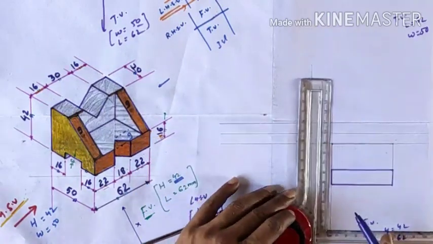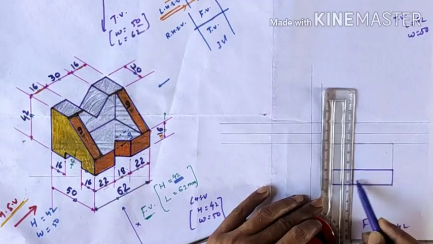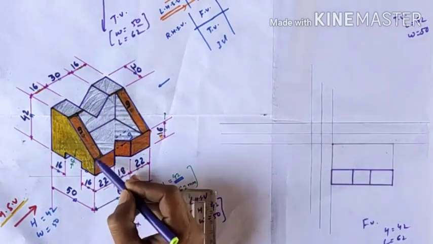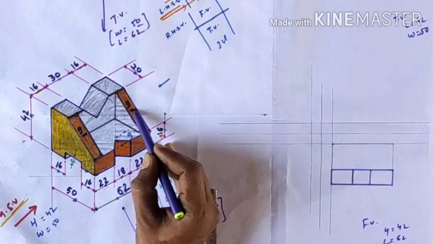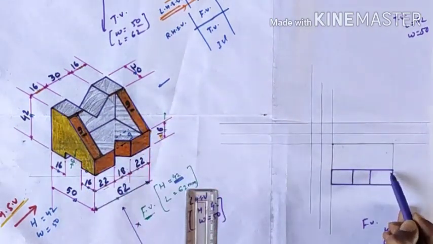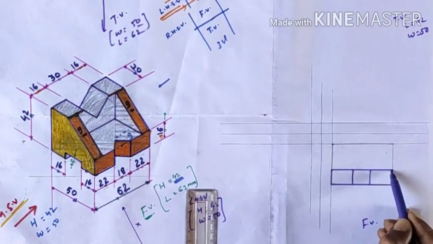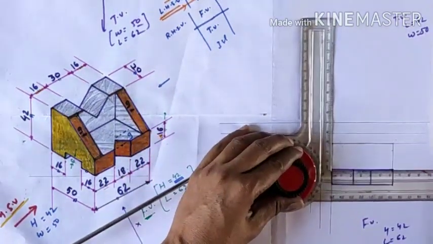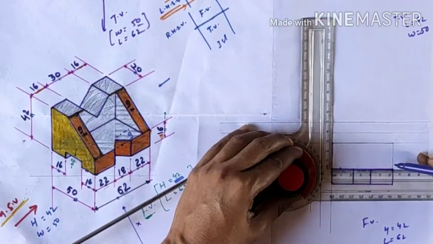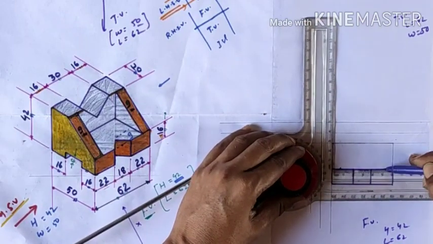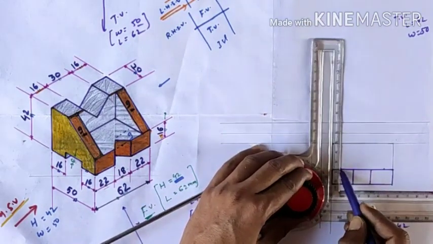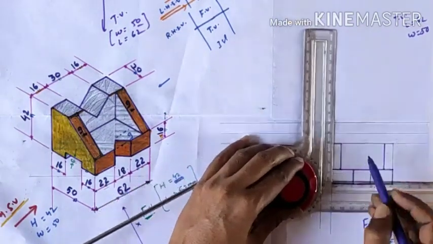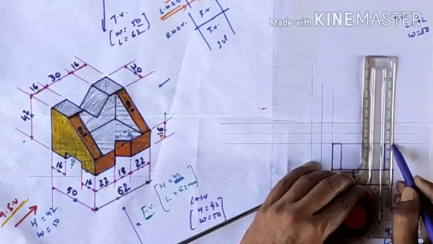Then you can see these two 9 mm strips are put here and here: 9 mm from here and 9 mm from here. It goes upward till the end, and joining this you can make it complete.